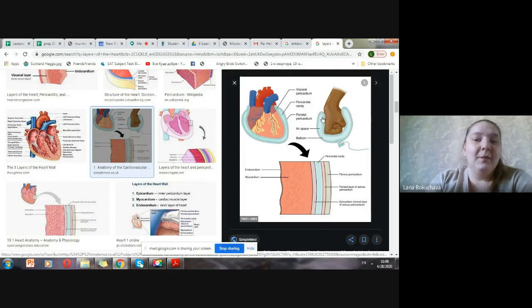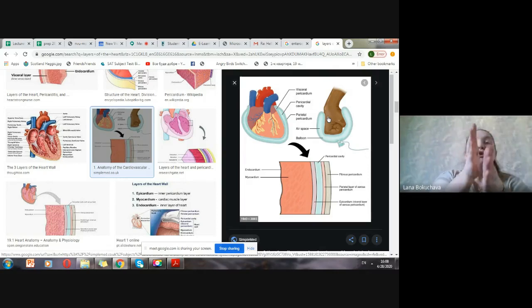Imagine a balloon, which is half inflated, and imagine the heart residing in it. The two layers of this balloon move more smoothly on each other, and as a result, contraction and relaxation give us a smoother type of movement.